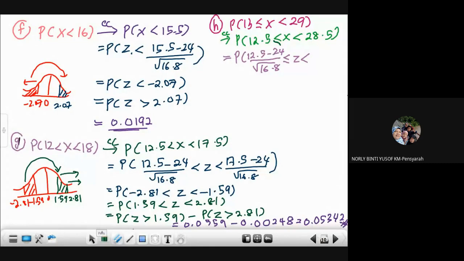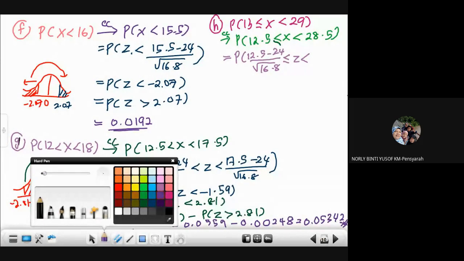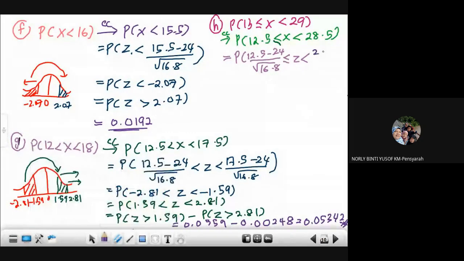Dan samalah standardize untuk Z yang ini, 28.5 tolak 24 bahagi 16.8. So you akan dapat negative 2.81, 1.10.